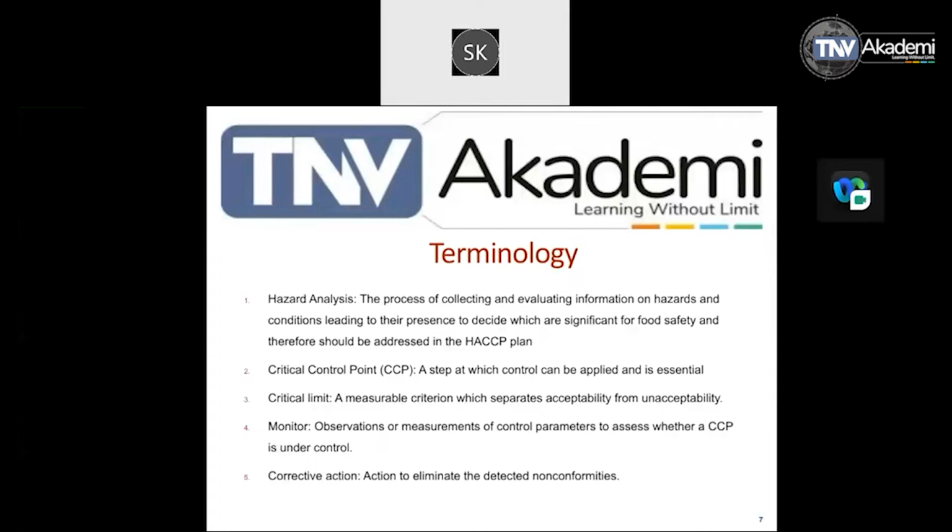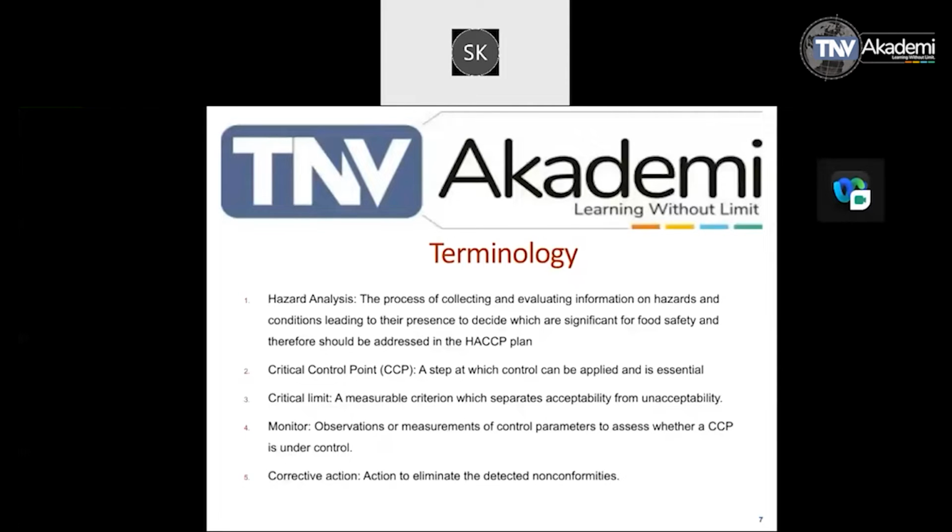These are the control points or steps at which control can be applied and is essential to produce safe food. Then come the critical limits, a measurable criterion which separates acceptability from unacceptability. After the identification of CCPs, their critical limits are identified and monitored throughout the process steps.